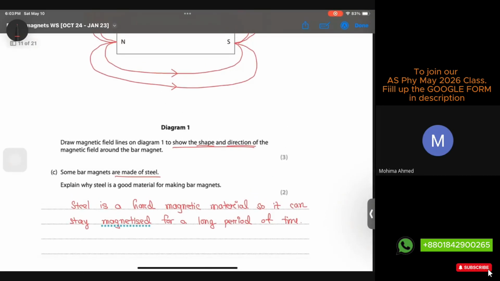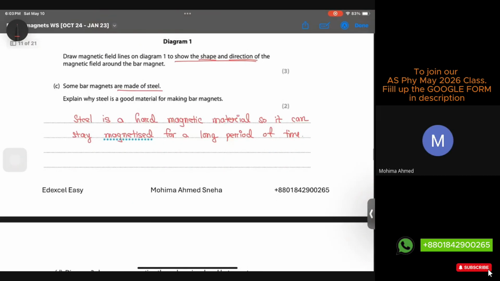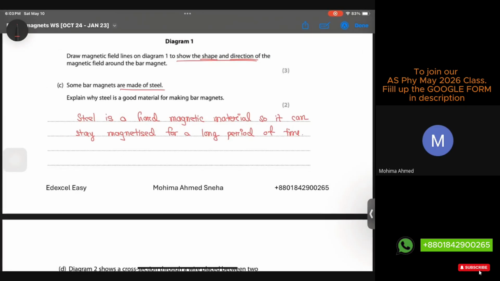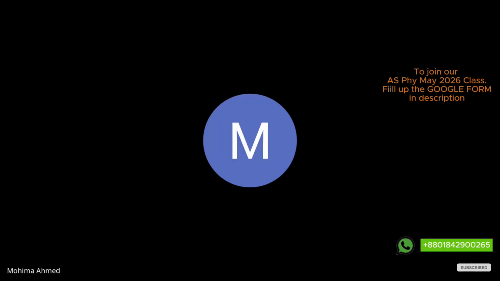Any problem from this part? No, miss. Just 1 minute. There's actually sweat on my screen, so I cannot write directly clearly.